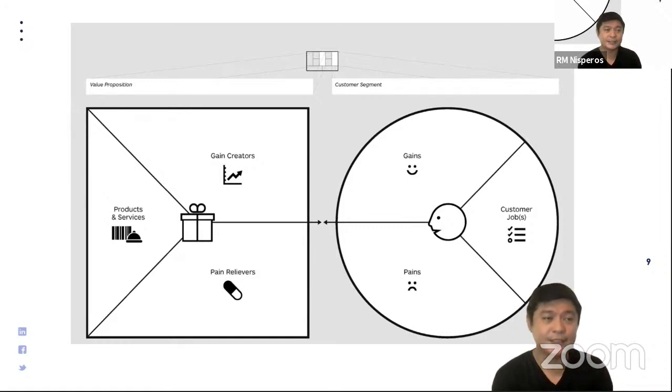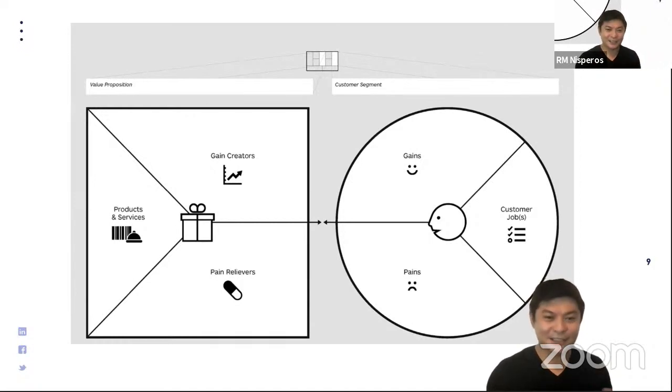So in that case, you can create a better perception, better experience so that mas mapopersuade mo silang bumili. So that's one way to look at it for cases wherein yung product and services mo gawa na.